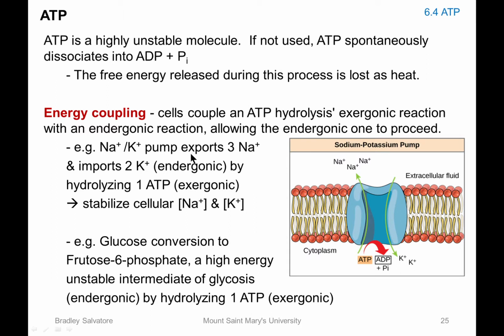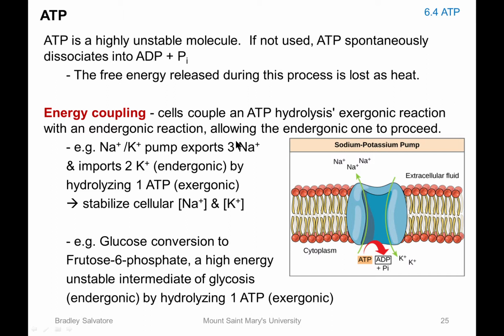If you couple that or combine that with the ATP hydrolysis, an exergonic process that releases energy, this released energy will be used to drive the other endergonic process and allow you to maintain a stable cellular concentration of Na+ being more outside of the cells, and more K+ inside of the cells.